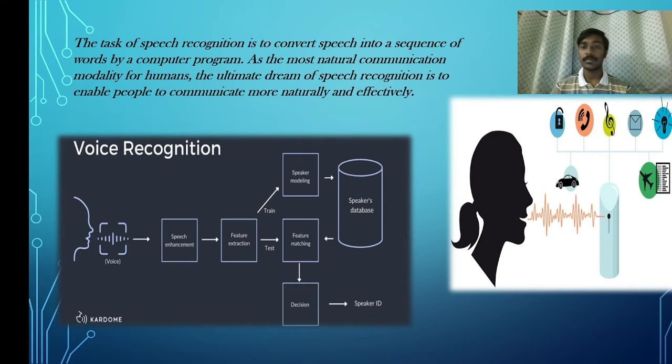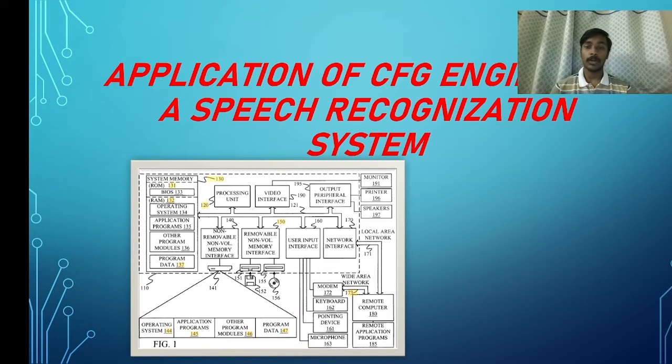The ultimate dream of speech recognition is to enable people to communicate more naturally and effectively. Many speech recognition applications and devices are available, but the more advanced solutions use AI and machine learning. They integrate grammar like context-free grammar, syntax, structure, and composition of audio and voice signals to process the evaluation responses with each interaction.